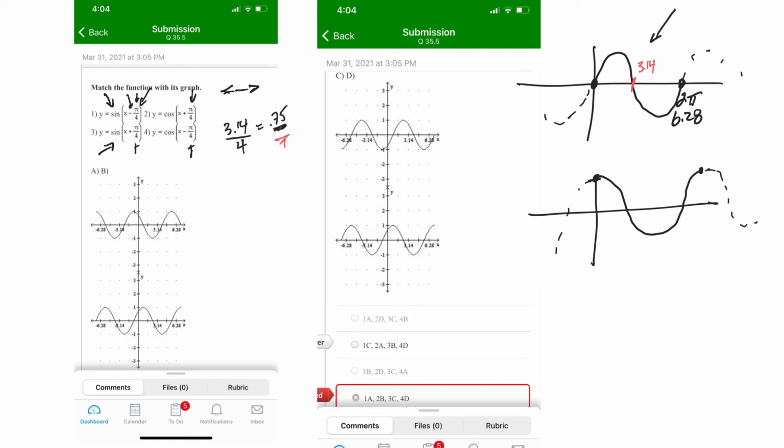So if I'm looking at 0.75, 0.8, something like that, to move over, this would be 1.57, that's half of pi. So 0.8 has got to be somewhere in there. I'm looking for a graph that looks the same as this, just shifted over a little bit to the right.